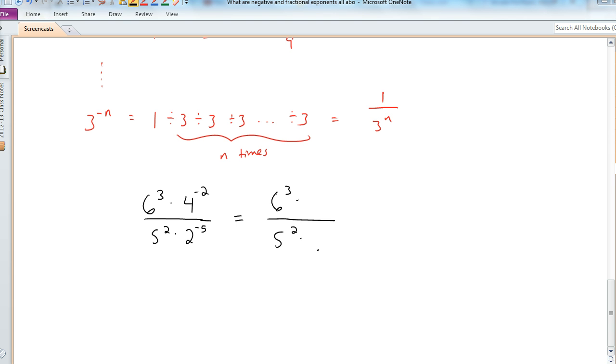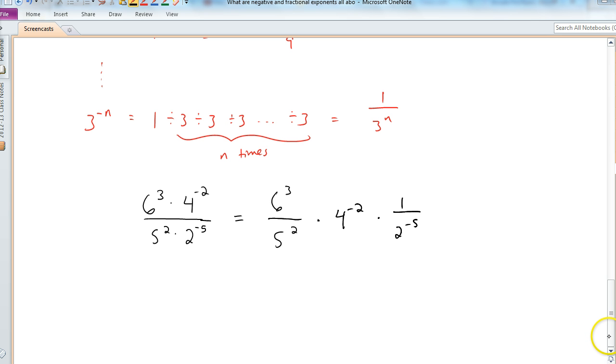And what I'm going to say is 4 to the negative 2 is saying, because of the order of operations here, which enables me to do any multiplication division in any order I want, I can say that 6 to the third over 5 squared, I can write this as times 4 to the negative 2 times 1 over 2 to the negative fifth.